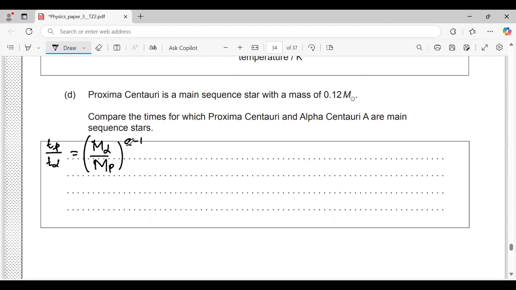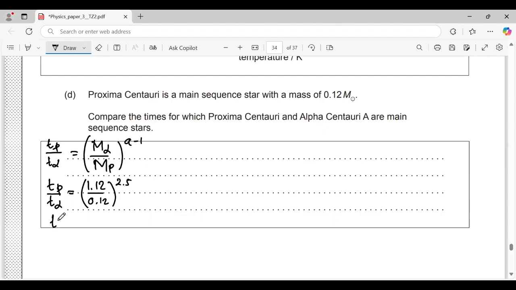The value a is 3.5. So T_P over T_alpha is equal to (1 over 0.12) to the power 2.5.